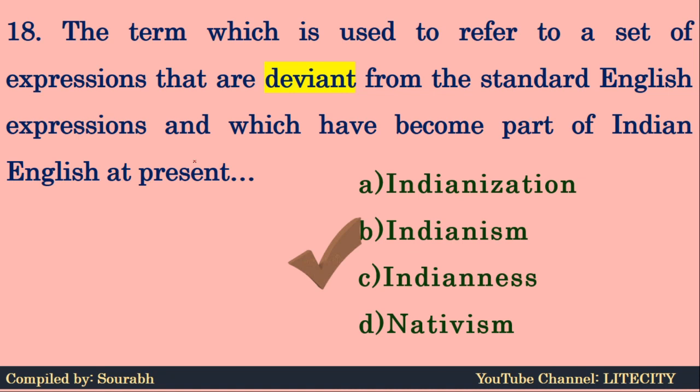Let me inform you a bit in detail. It can be author specific. A particular author uses a particular expression which has no equivalent in standard English. For example, rape sister, Mulk Raj Anand uses this example, rape sister. Now it has no equivalent.